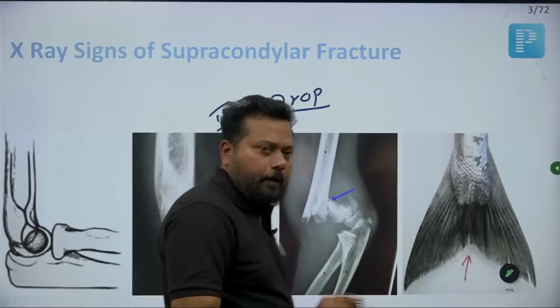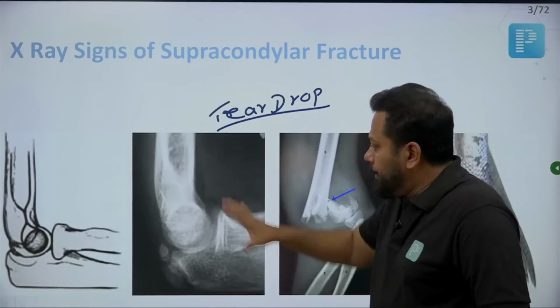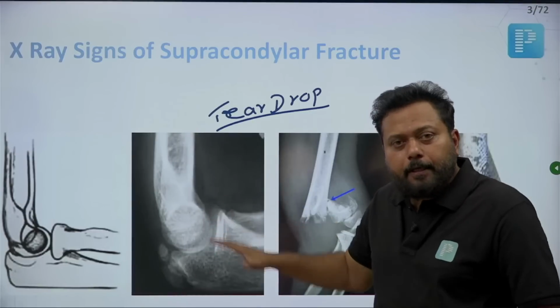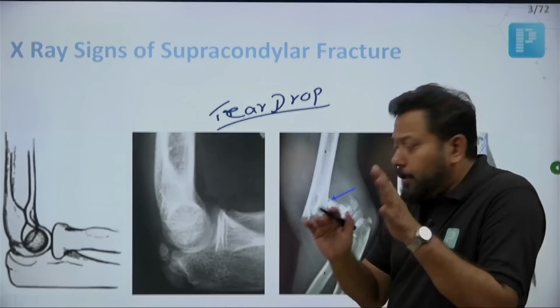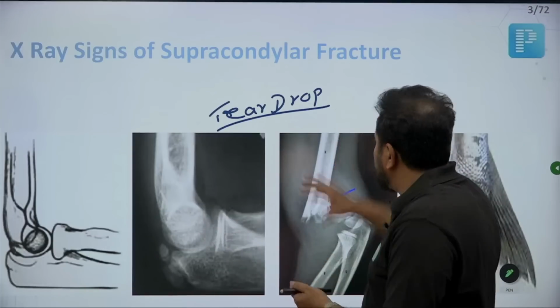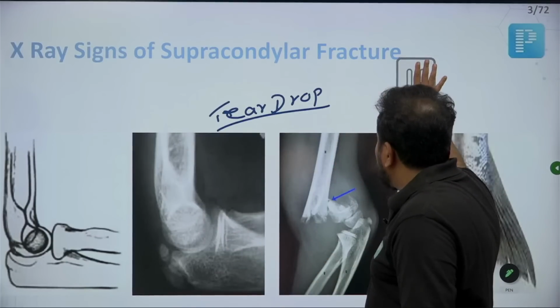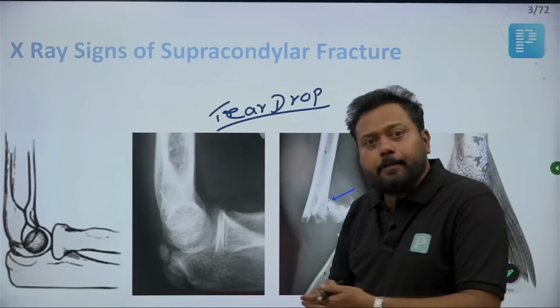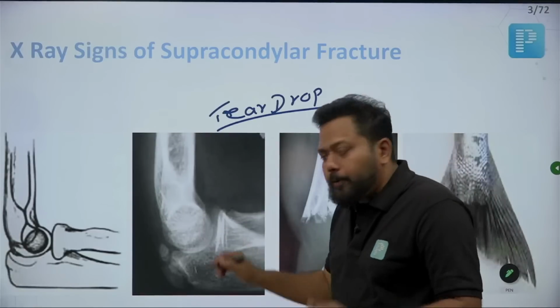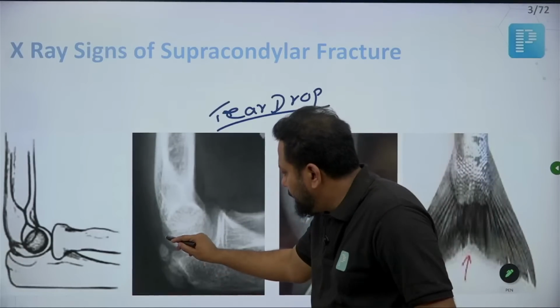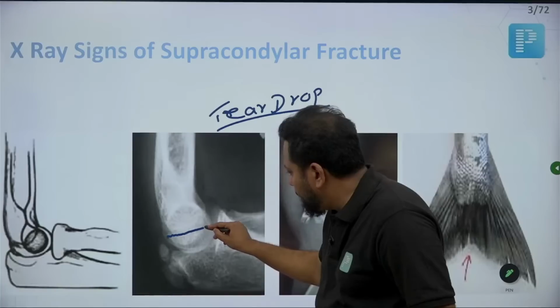What is the concept I want to stress? A teardrop sign is a normal phenomenon. Normally, this is a normal X-ray, and a normal teardrop is seen. Whenever supracondylar fracture happens, this teardrop is disturbed like this.